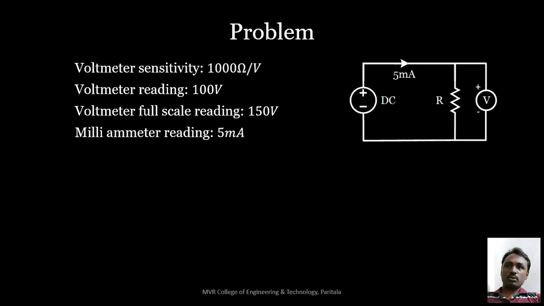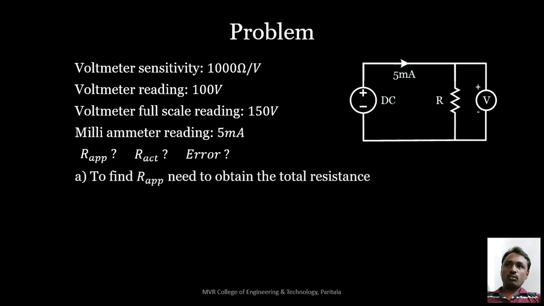That means it was showing 5 milliamps in series with R. There is a voltmeter connected across R. Now our aim is to identify the actual resistance of R and the apparent resistance of R, and the error between the apparent and actual. So we need to calculate R apparent, R actual and error.